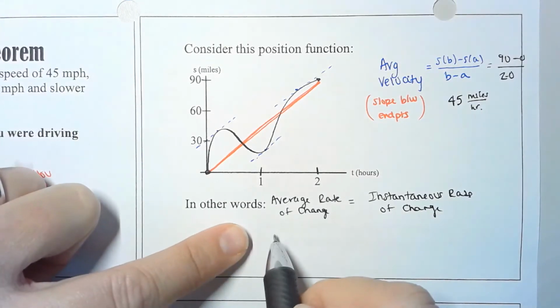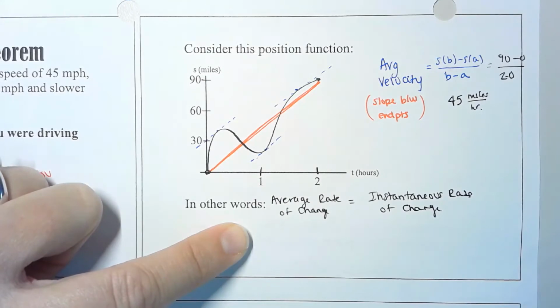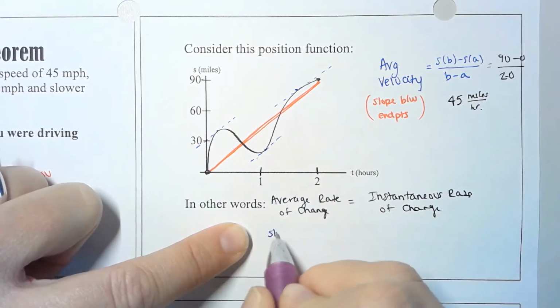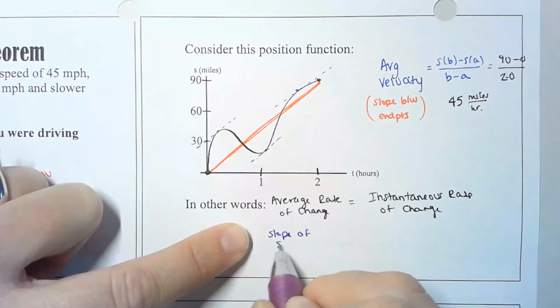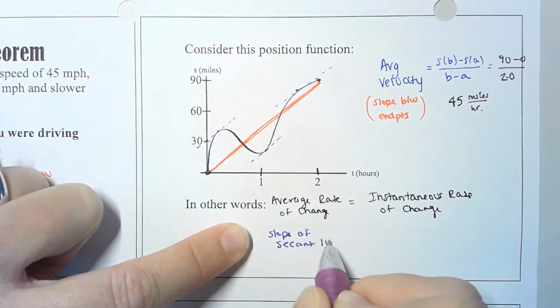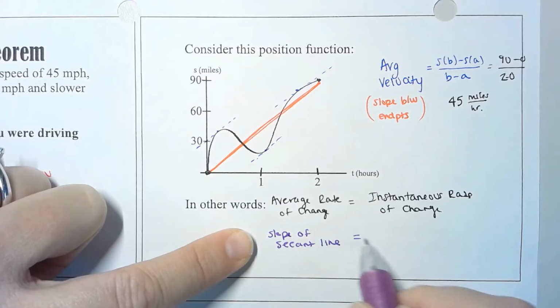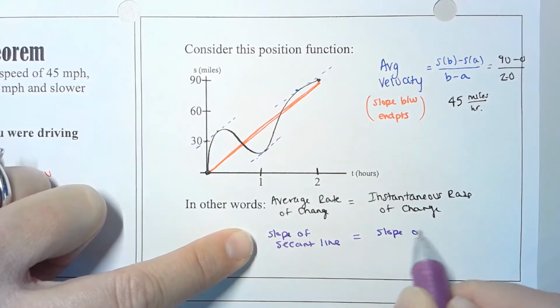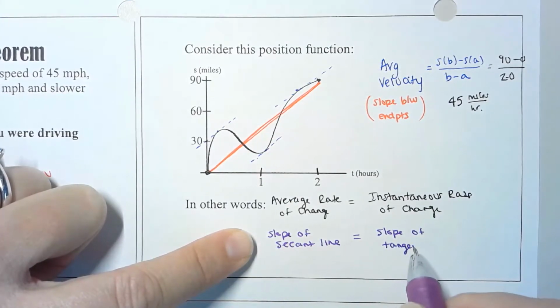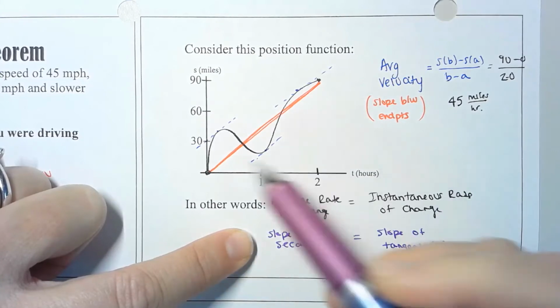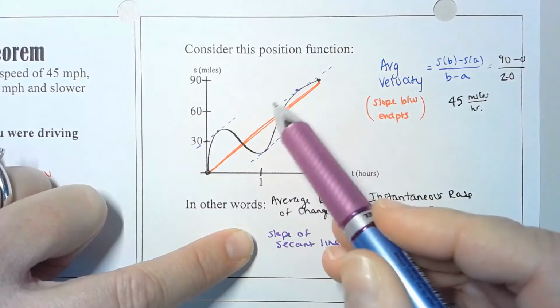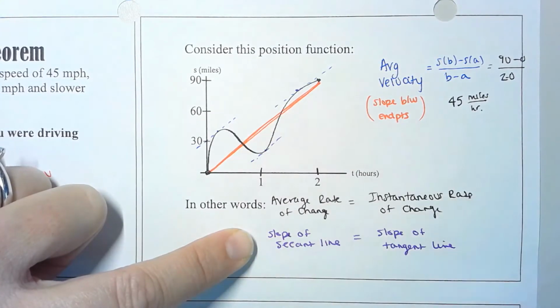We could also think of it as, let's change colors so we can see that, the slope of the secant line, remember the secant line means between 2 points, will equal the slope of the tangent line, right? So my red is my secant line, my dashed lines are my tangent lines, so they have the same slopes.